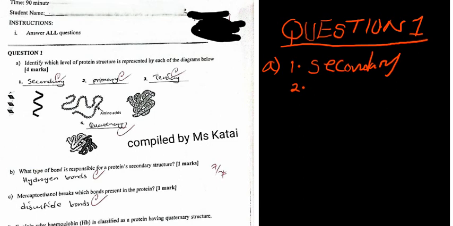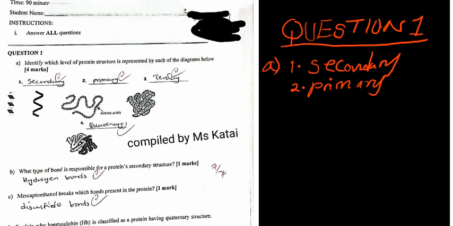So this structure here is a primary structure, which is just the sequence and the number of amino acids in a polypeptide. So this is a primary structure.